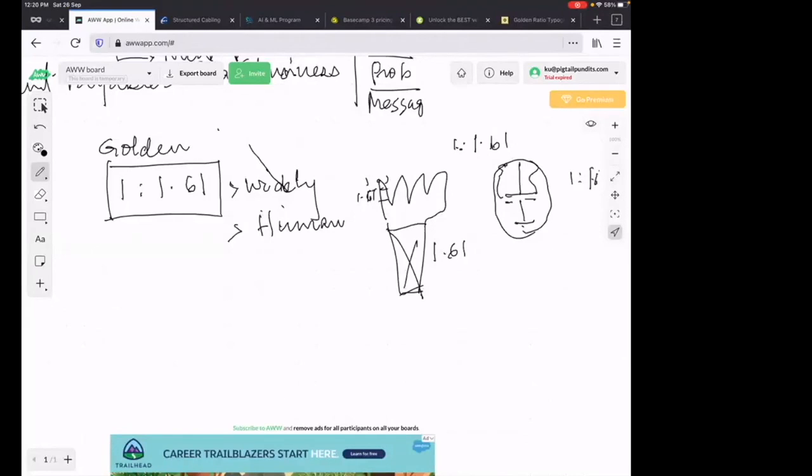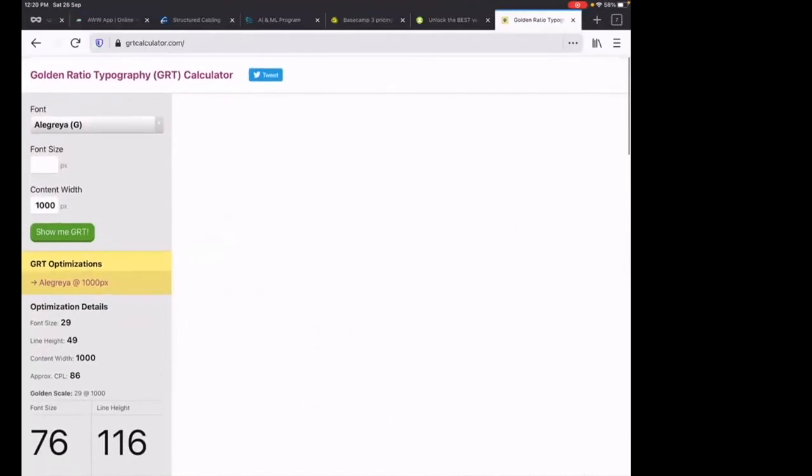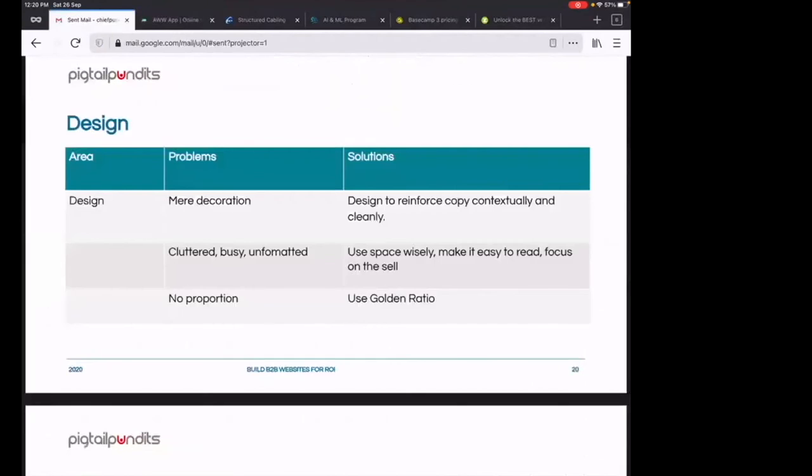So in design, this is a widely used practice. And even if you're not a designer, you can use these rules to bring some element of sanity into your design. So this is where the proportions come in.